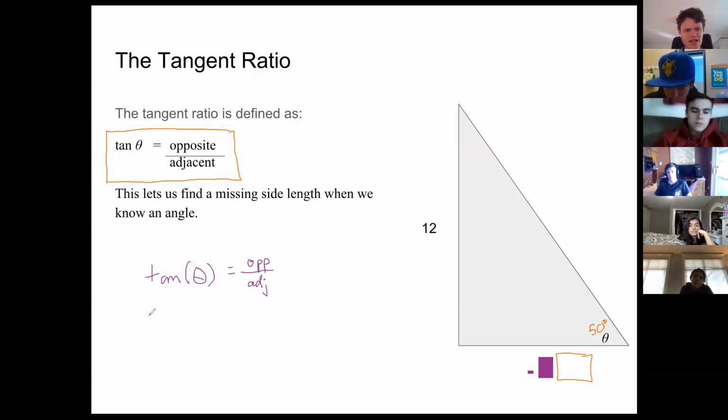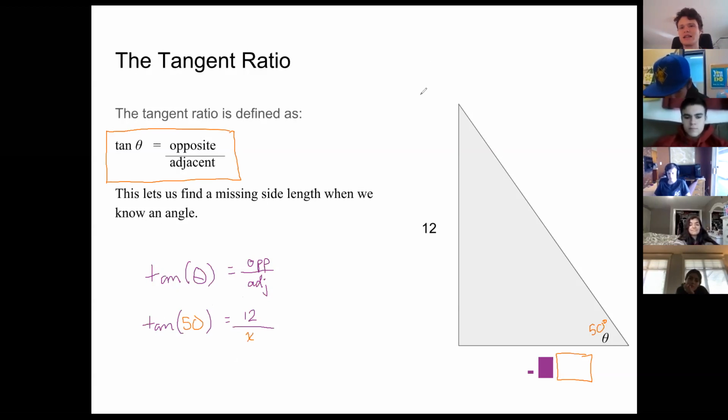And then let's plug in the info that we know. So do we know the angle? Yep, we know that the angle is 50, so I'm going to plug it in there. Do we know the opposite? Yes, the opposite is 12. Do we know the adjacent? No, maybe I'll call that x, right?